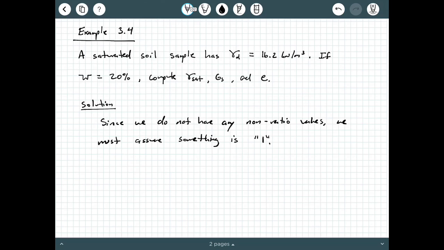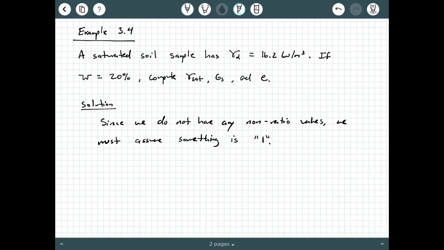And if you remember our discussions, we've said that we have some flexibility on what we assume equals 1, but generally speaking, I like to assume either a volume of solids is equal to 1 or a total volume is equal to 1. Making one of those two assumptions will usually make your calculations go a little smoother, but even between those two options, it's good to assume something is equal to 1 strategically, okay?